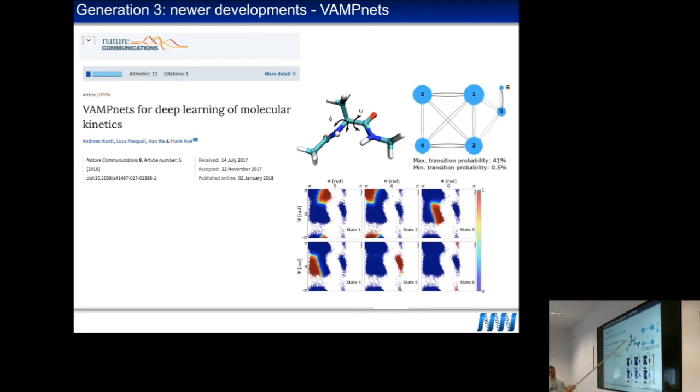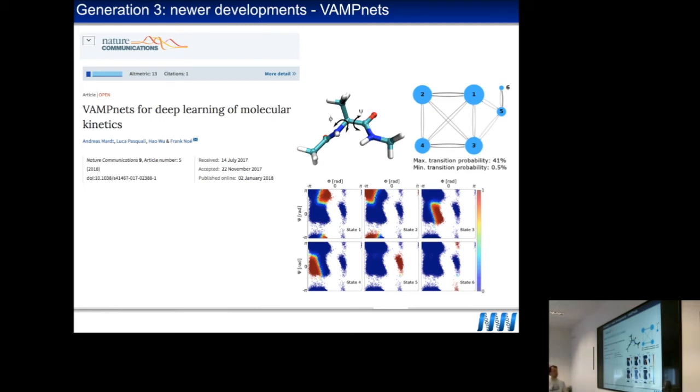This is a phi-psi angle plot for alanine dipeptide. But there are some states here at the boundaries which are fuzzily assigned, so they do not clearly belong to any one of the metastable states, but they are somehow a transition state.